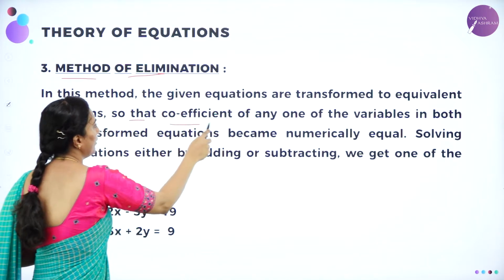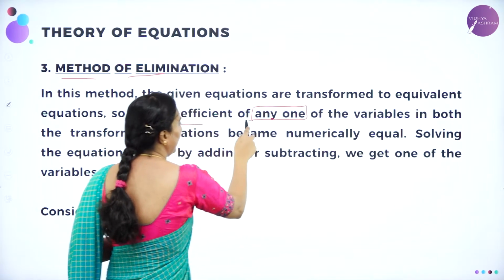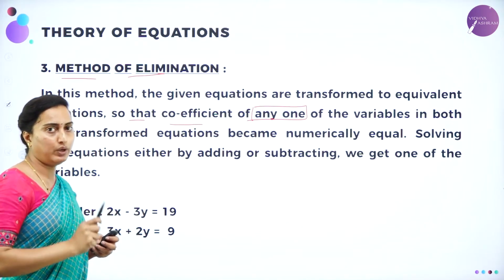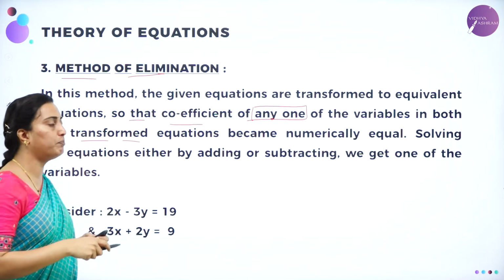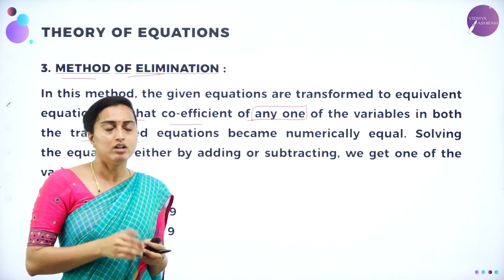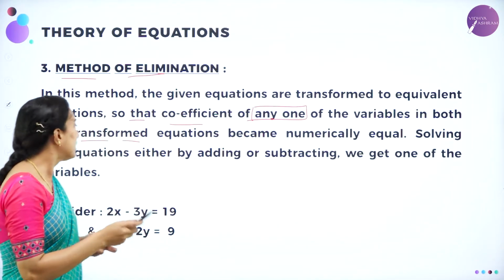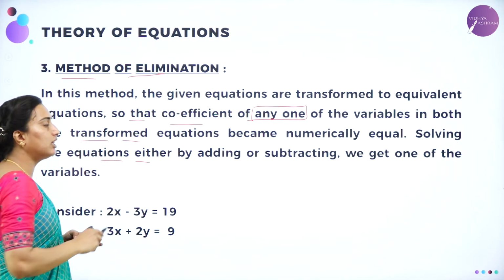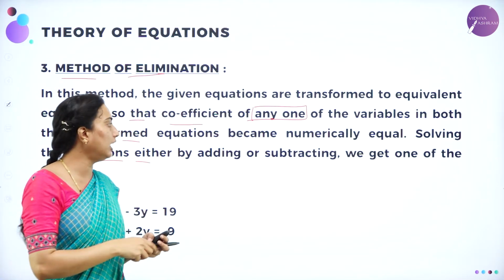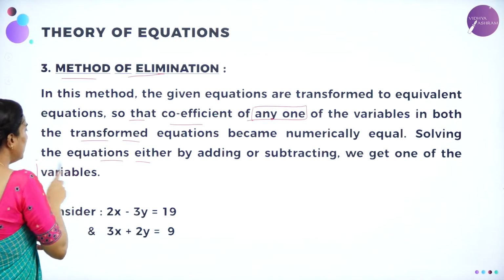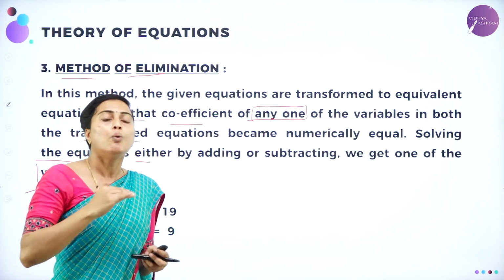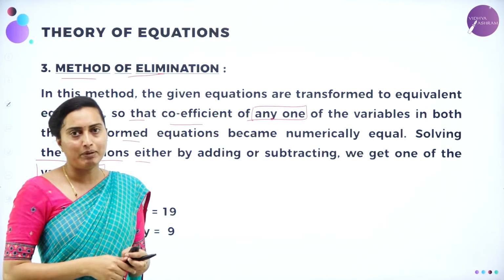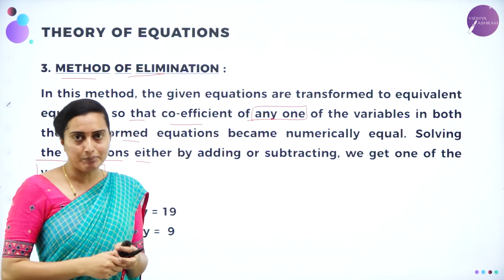So that the coefficient of any one, I told you, x coefficient or y coefficient of the variable in both the transformed equations became numerically equal. Coefficients must be equal. Solving the equations by either adding or subtracting, we get one of the variables, and substituting that variable in any one of the equations, we get the value of the other variable. That is called method of elimination.